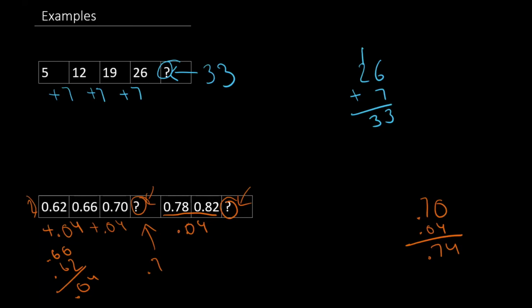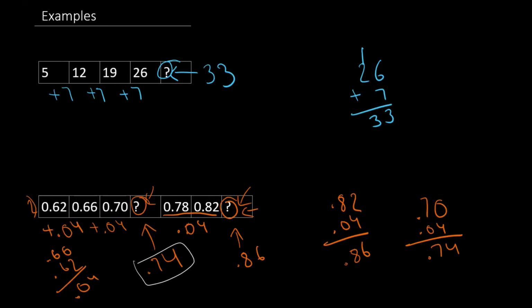Now the next thing we have to do is add 0.82 with 0.04. 4 plus 2 is 6, and 8 plus 0 is 8. So the answer is 0.86. The first answer is 0.74 and then 0.86.